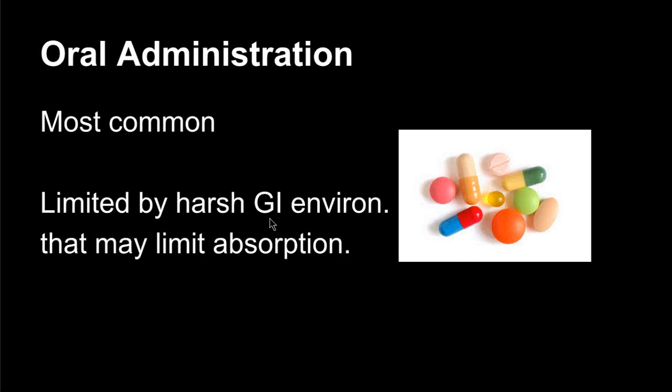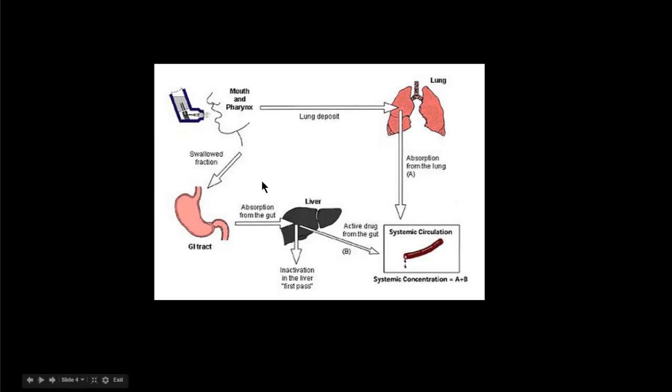The stomach is going to break down a lot of our food, but it can also break down these drugs and in turn decrease the potency or the absorption that we get from that drug. So here, there are two pathways that are important.